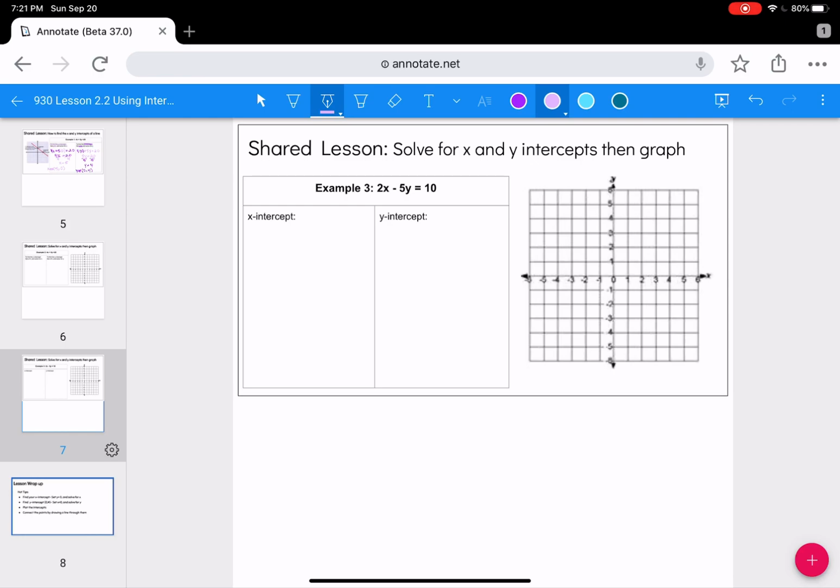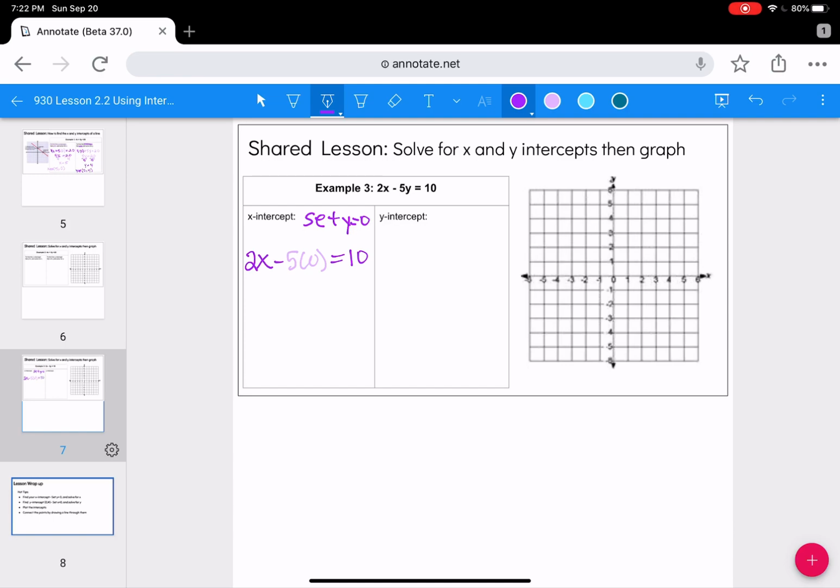So we have 2x minus 5y is equal to 10. My x-intercept here, I'm going to set y equal to 0, and we're going to solve for x. So we have 2x minus 5 times 0 is equal to 10.